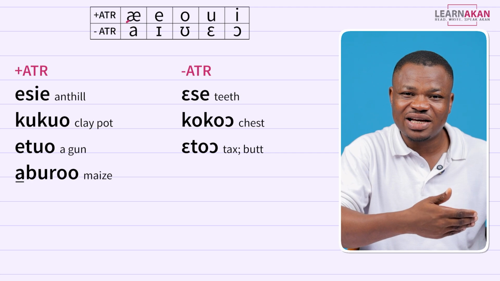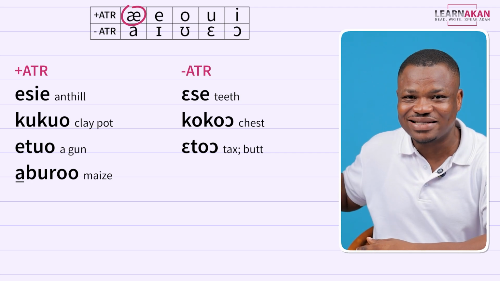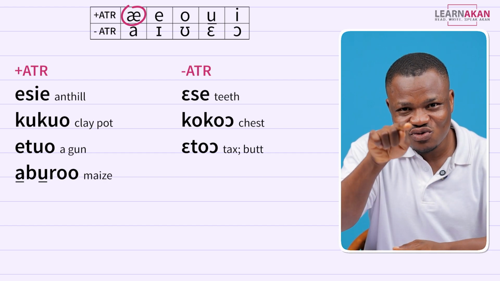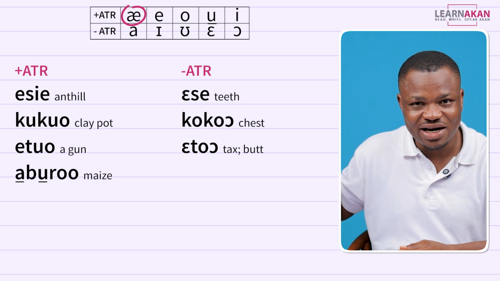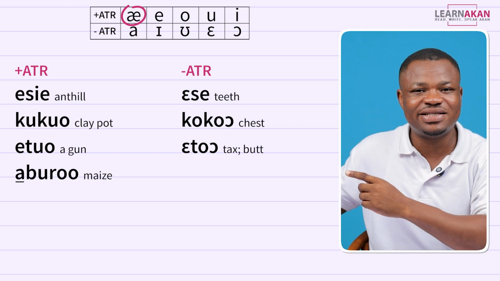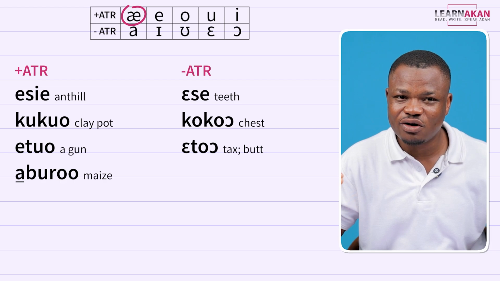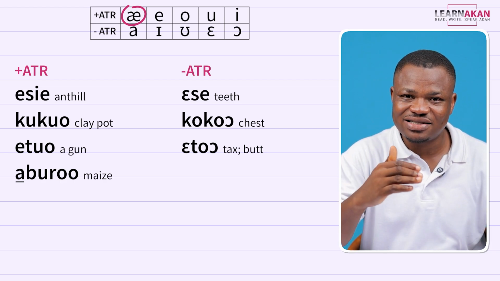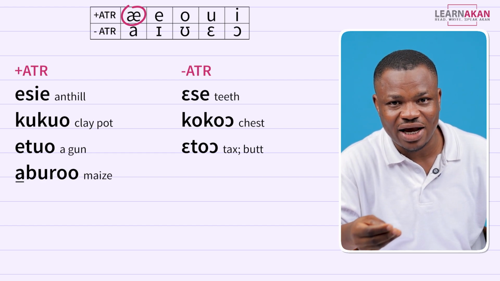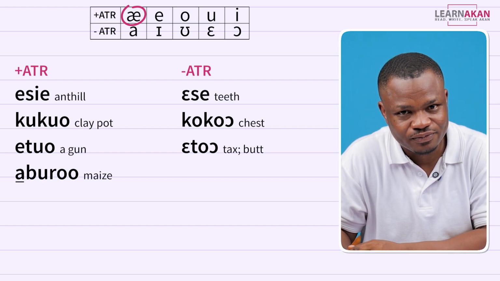But it can also represent E, the sound E, which is from the plus ATR set. Okay? So once you have the U in there, which is from plus ATR, then this A must be from the plus ATR set for this to be in harmony. So instead of A, this is E. So we have ebru, right? Ebru, and not abru. We don't say abru.